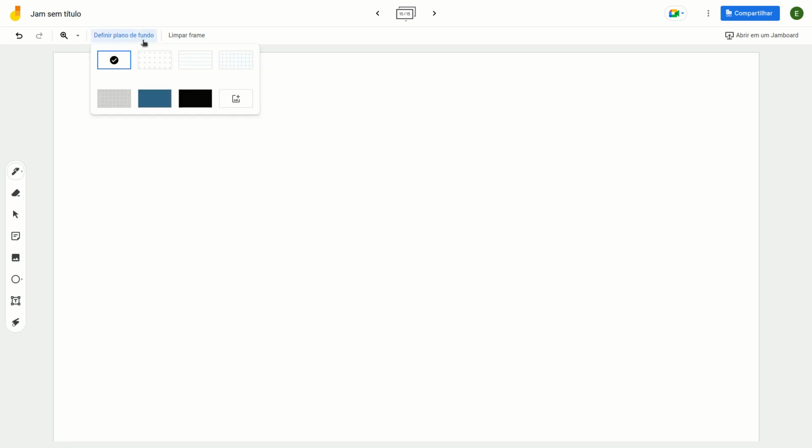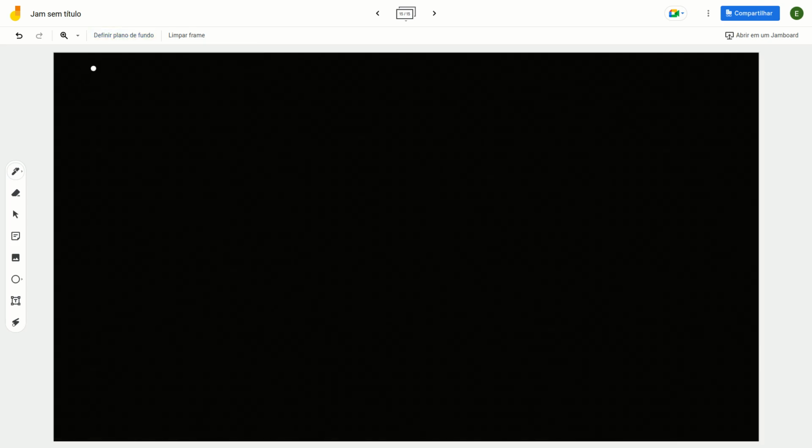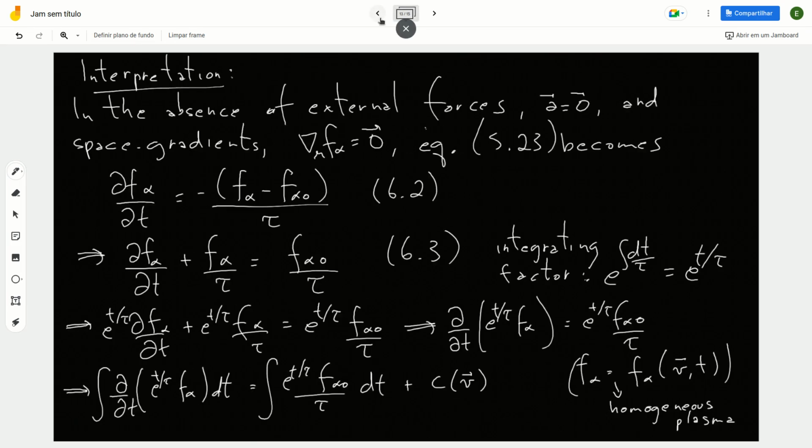Now, let's talk, finally, about the Vlasov equation. What is the Vlasov equation, and what is its relation with the Boltzmann equation? It's actually just the Boltzmann equation when you pick up equation 5.8.